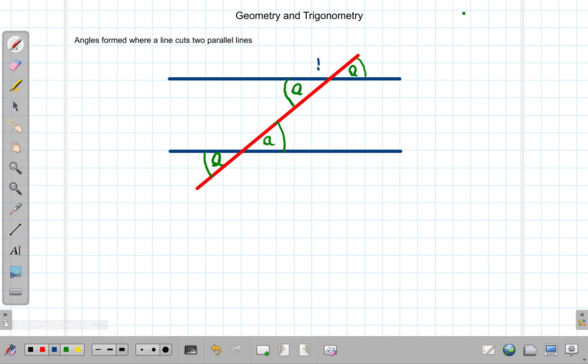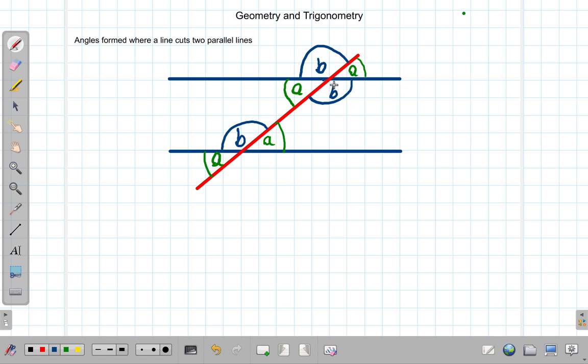Let's say this is angle B right here, angle B. Now you also have other angles that are equal to angle B. This angle corresponds with this one up here, right? So it's equal to angle B. You have this other angle also equal to angle B, right?